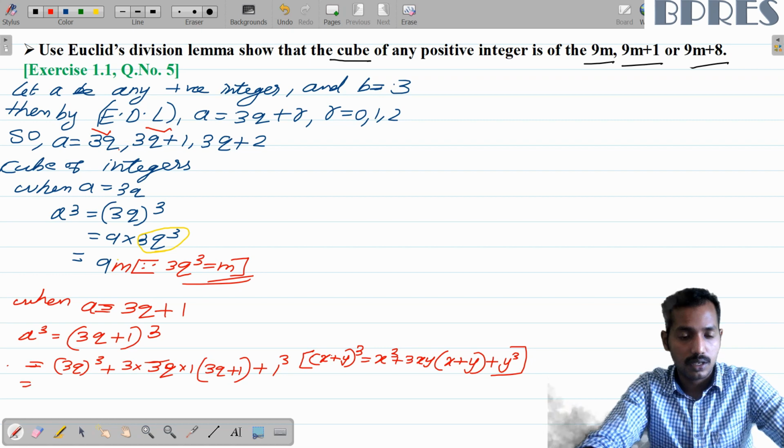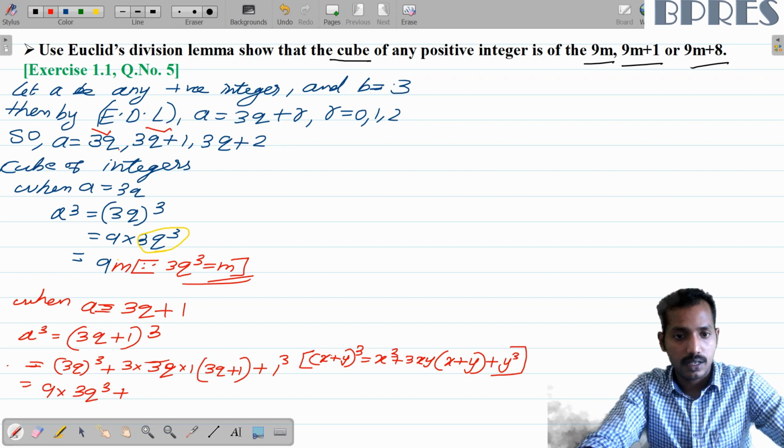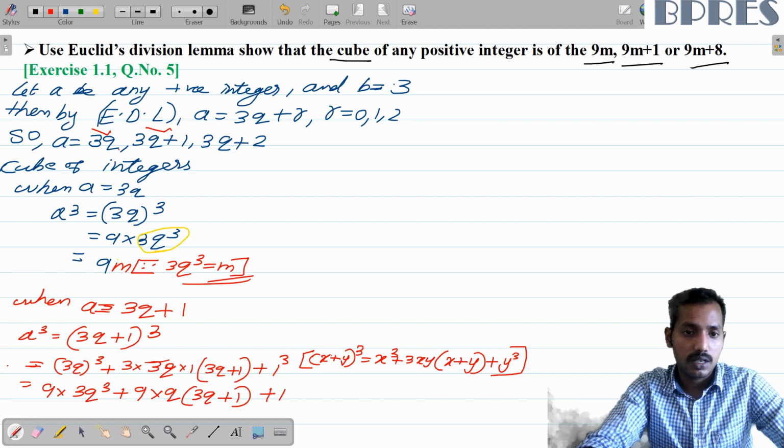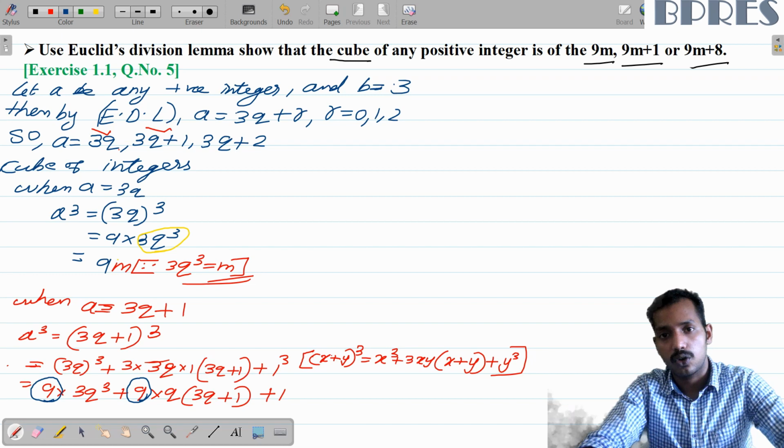That is equal to (3q) whole cube, which we already wrote as 9 into 3q cube, plus 3 into 3, we can write it as 9, am I right, 9 into q into (3q plus 1), plus 1 cube is equal to 1. Now in these two terms, the first term as well as the second term, 9 is common. So let's take that 9 common.